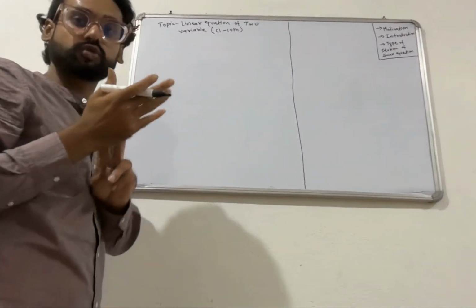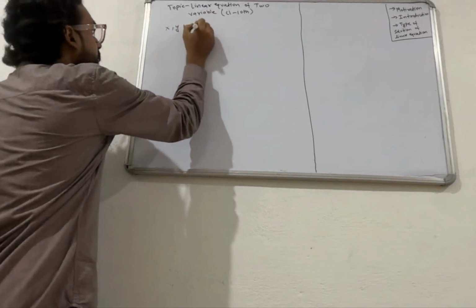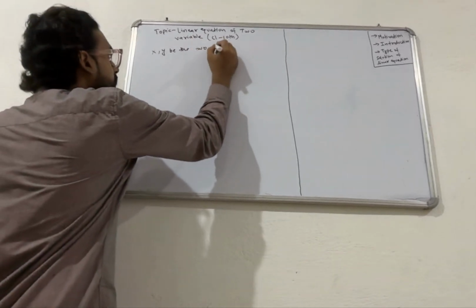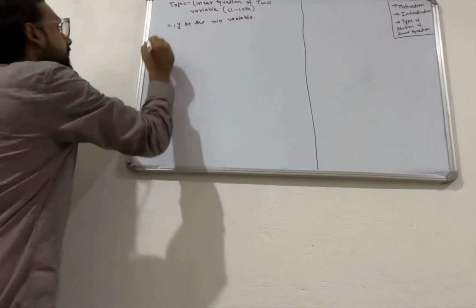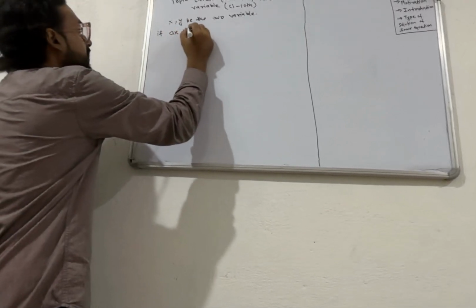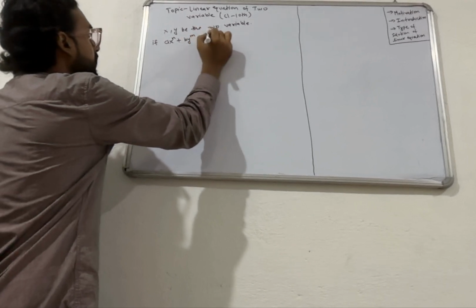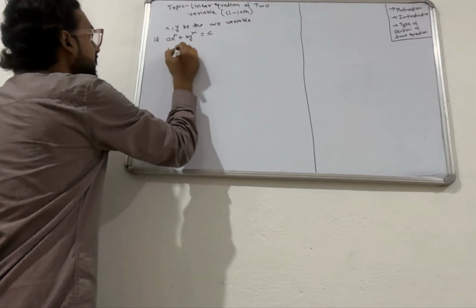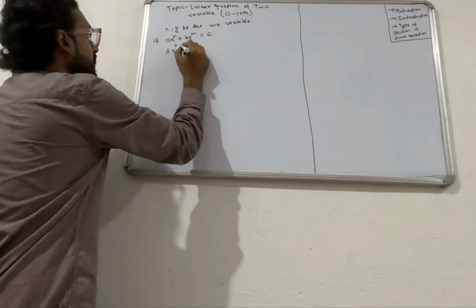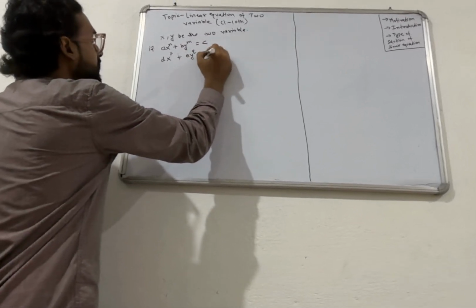Here we can select two variables, and in mathematics we can choose x and y to be the two variables. If ax^n plus by^m is equal to c, and dx^p plus ey^q is equal to f.